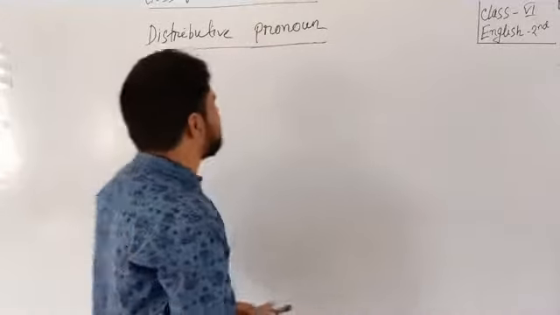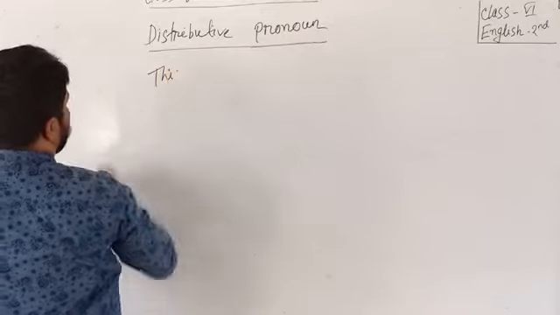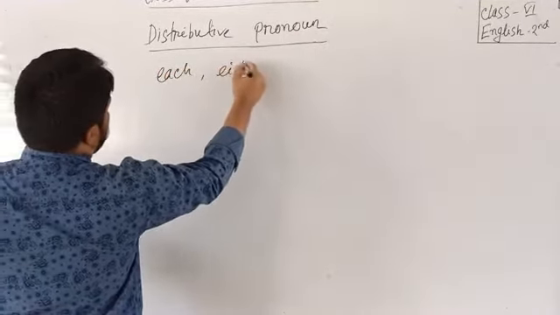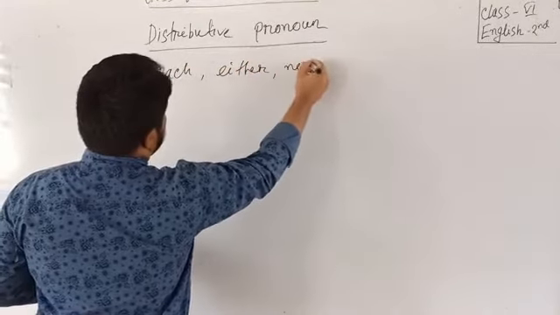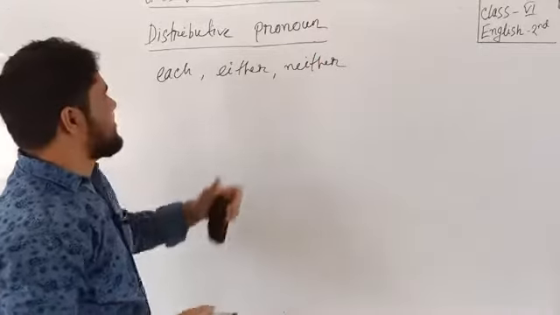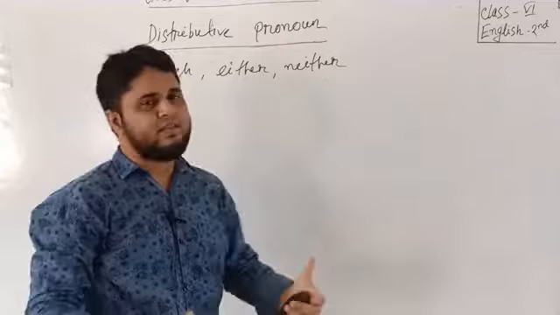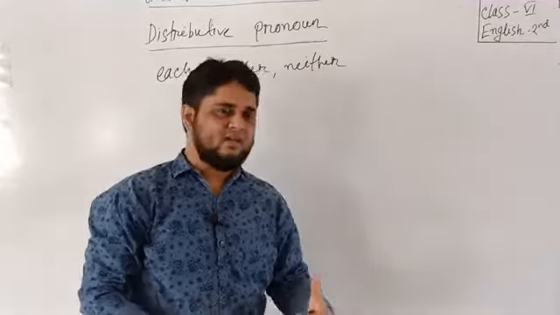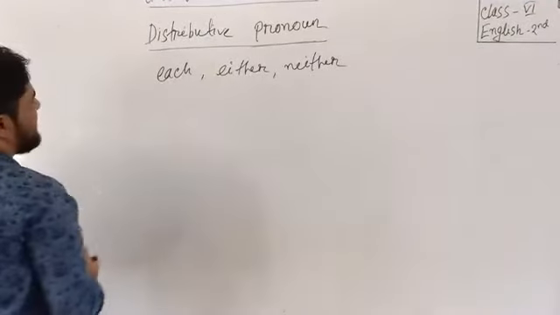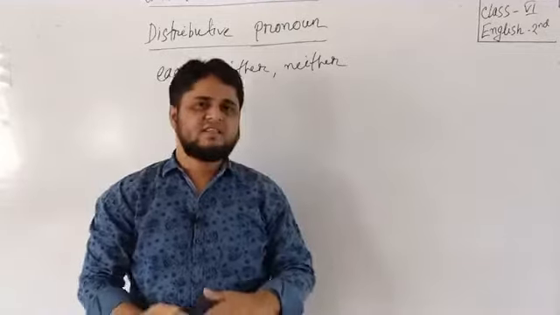For example, such type of words, actually each, either, neither, can be called a distributive pronoun, and I am going to show you how they may be used in a sentence. Please look at the board. And this distributive pronoun is always in singular form.